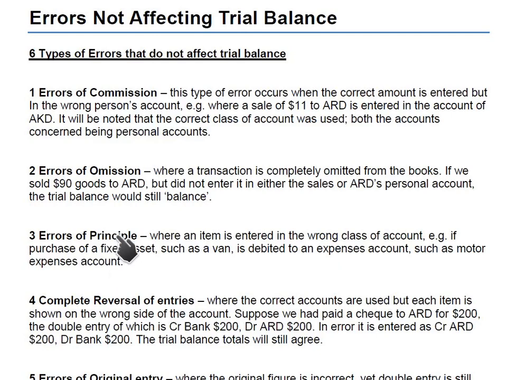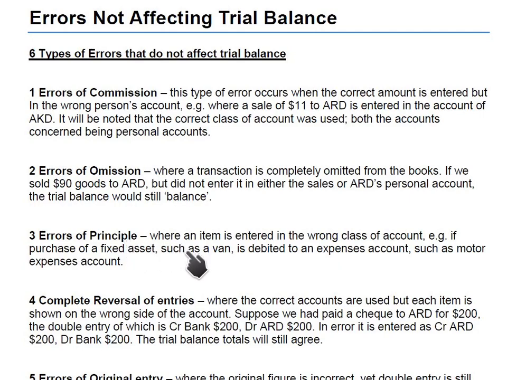So in an error of principle, we have made a wrong entry. The account is wrong. The account was also wrong in error of commission. Now what is the difference between error of commission and principle? In an error of commission, the account is wrong, but the type of account is right altogether. In an error of principle, the account is wrong and the type or category of account is also wrong.